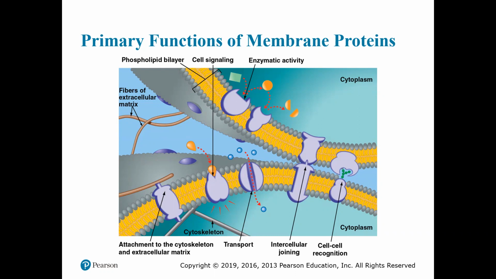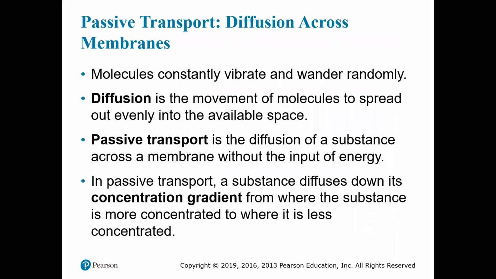One of the big components of cells, whether they're eukaryotic cells or prokaryotic cells, is that they have this plasma membrane. And molecules can move across the plasma membrane in a variety of different ways. One of those is through passive transport.